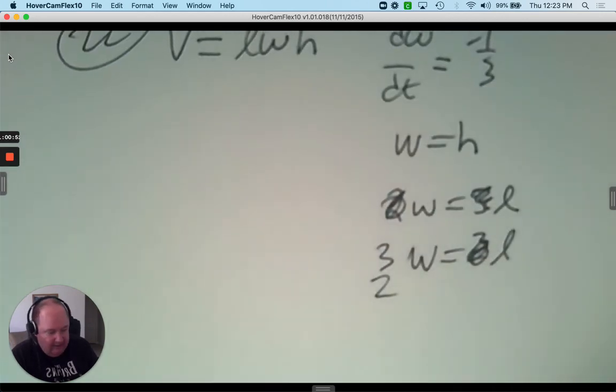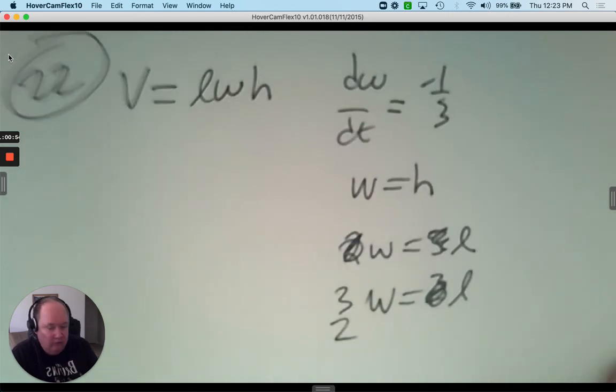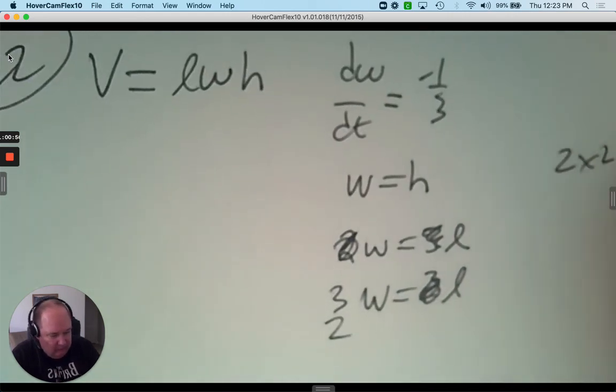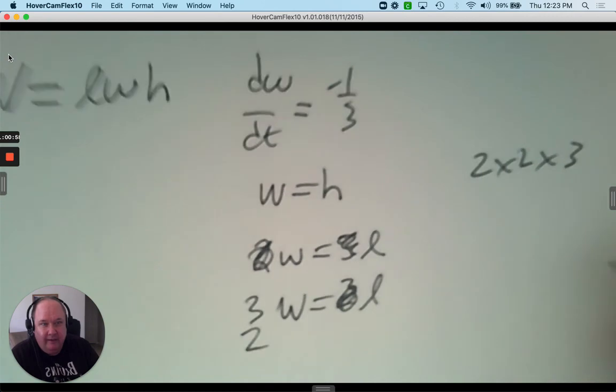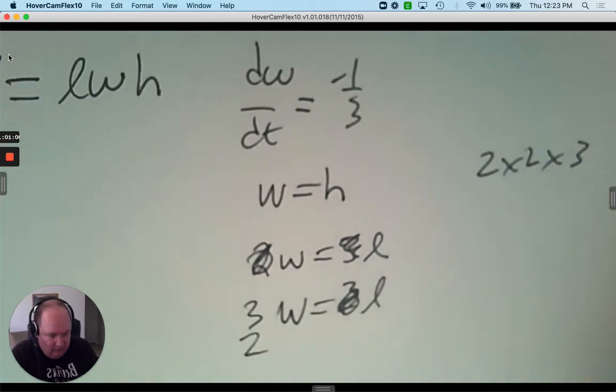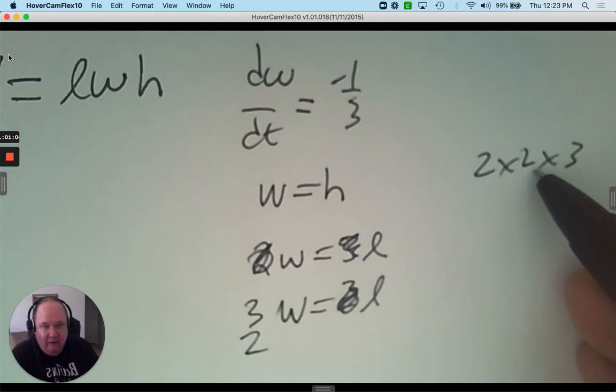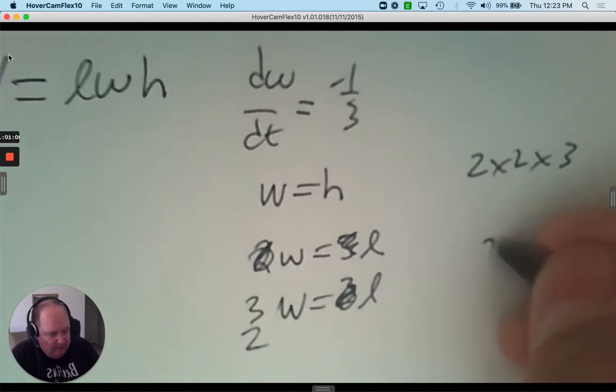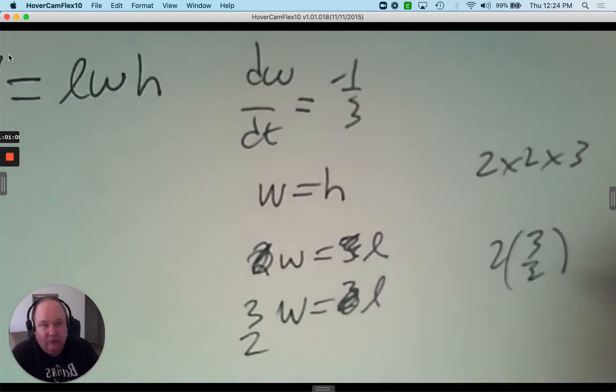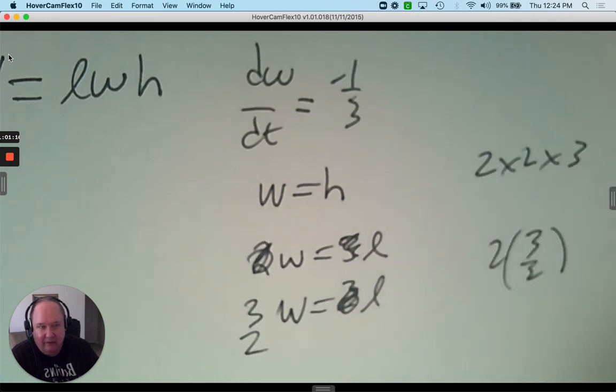So I'm given it's 2 by 2 by 3, and that as it melts, it stays in the same ratio to each other. So if I take the width at any time and multiply it times 3 over 2, I would get the length of whatever it is.